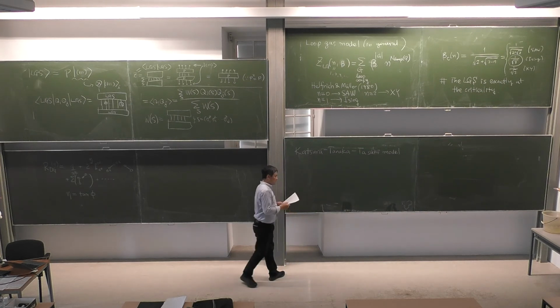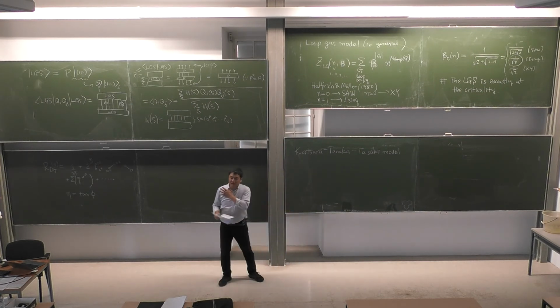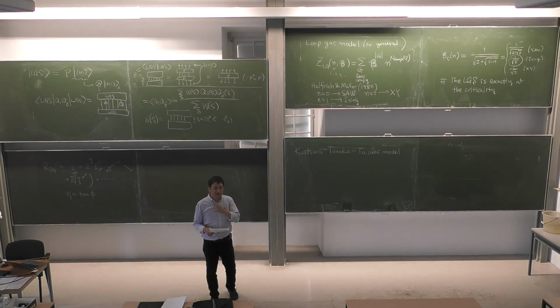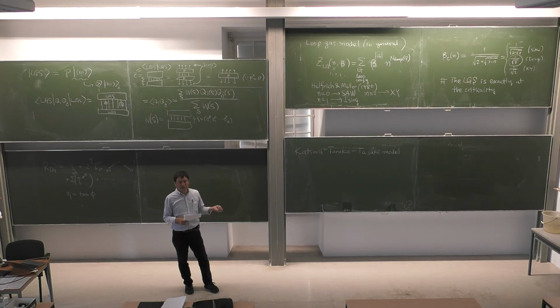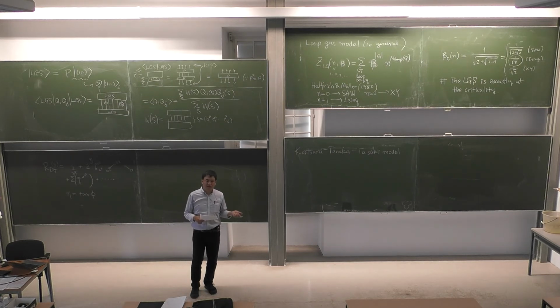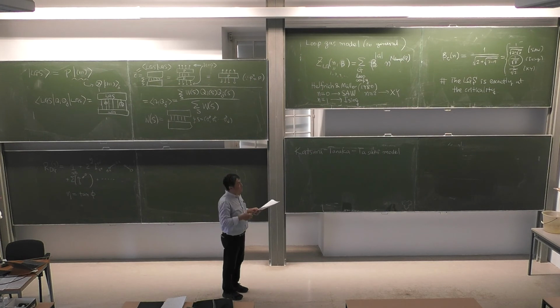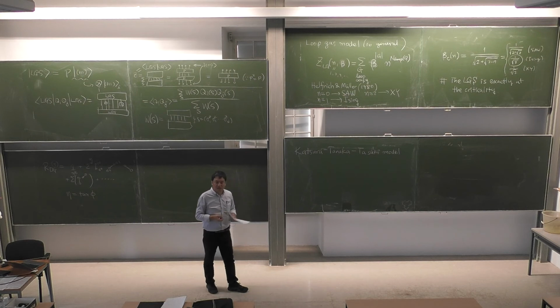Okay, so I have already discussed the loop gas state with monocolor, just one color. And as I said, such a loop gas state represents the Ising universality class. And I also mentioned that if we introduce loops with multicolors, we can get something else, another CFT. For example, in the case of two-color loop gas, we are supposed to obtain the XY universality class.